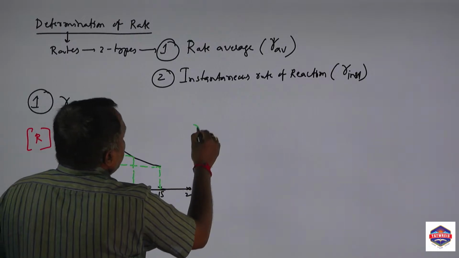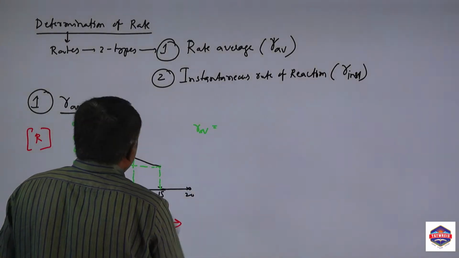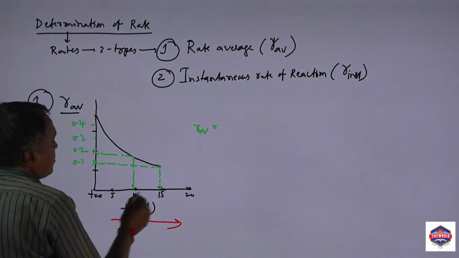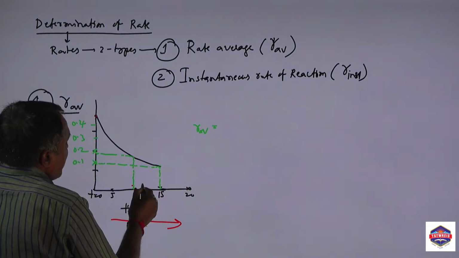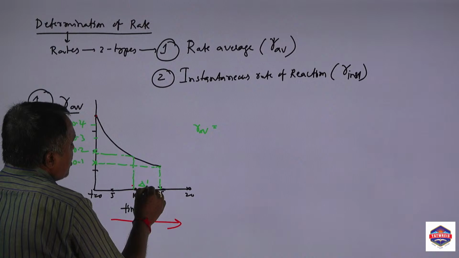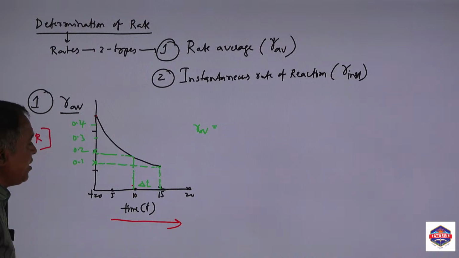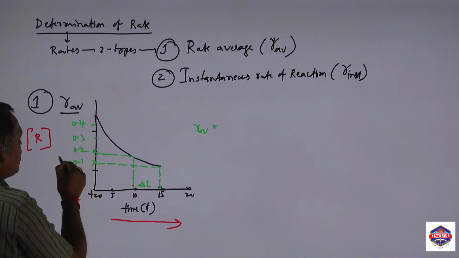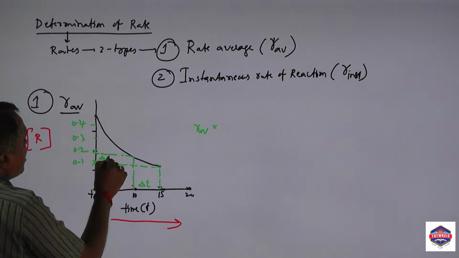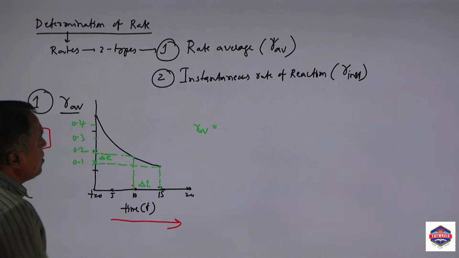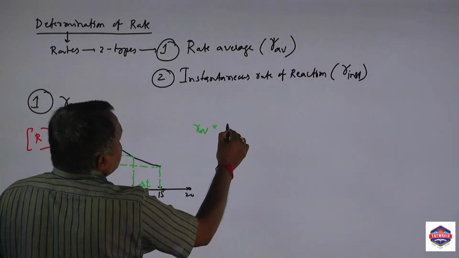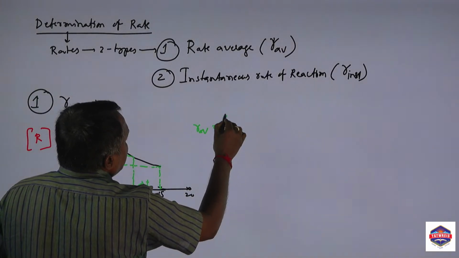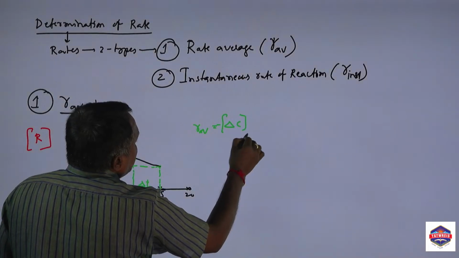Therefore, the rate average is equal to the change in concentration over the change in time. The change in time is represented by delta t, and the change in concentration is delta C. Therefore, R average is equal to minus delta C by delta t.